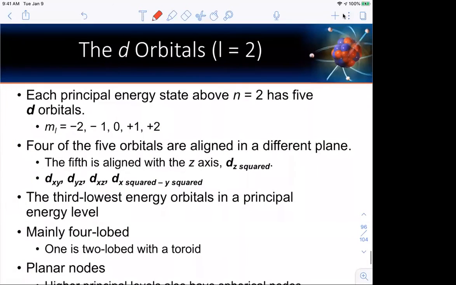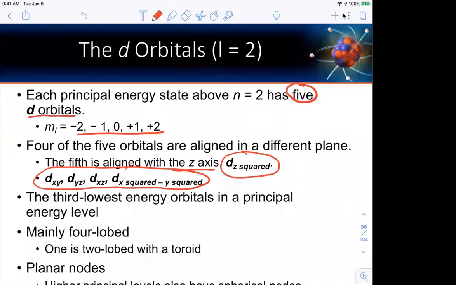When I look at d orbitals, this is where l equals 2. Remember, I have 5 of those d orbitals, so I have 5 m sub l values. 4 of the 5 orbitals are aligned in a different plane, and then I have something aligned with the z-axis. These are designations, just like the px, the py, and the pz.